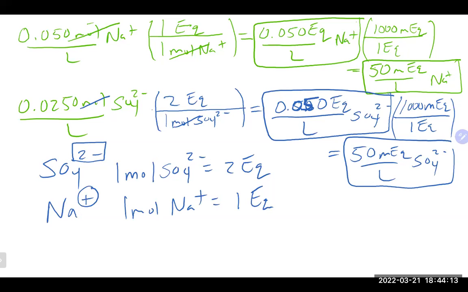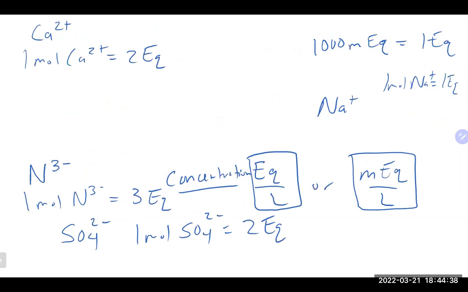So that's how you get your conversion factor from the actual formula of the ion, the actual charge on the ion. Again, it doesn't matter if it's positive or negative. In this case, it's just the number that's the important part. Whatever the number is will be the equivalents there are per mole. Other questions on that there?